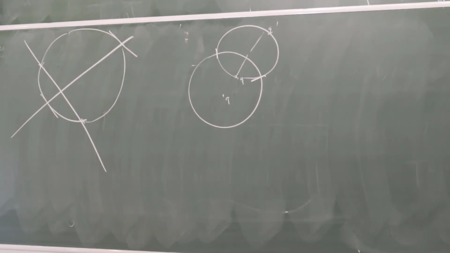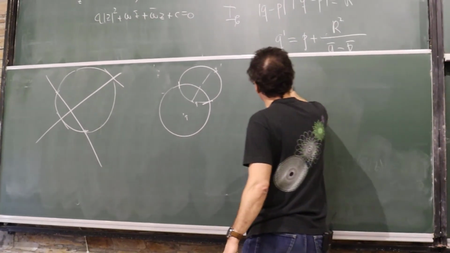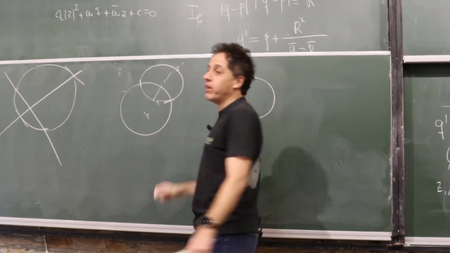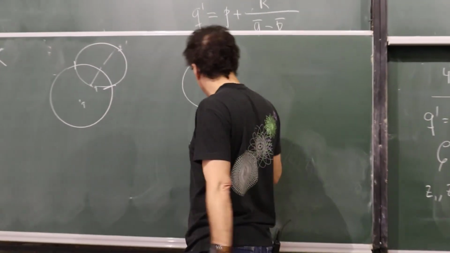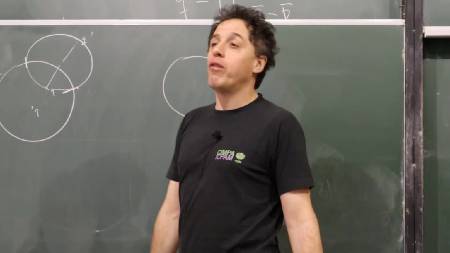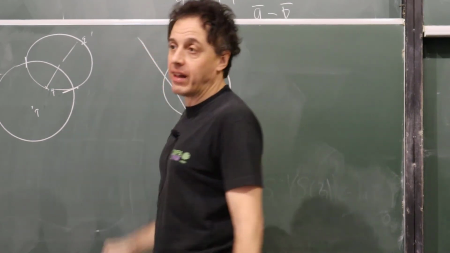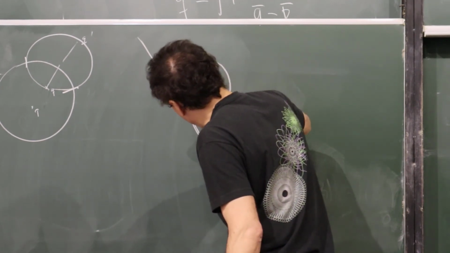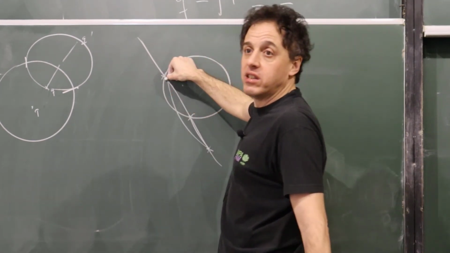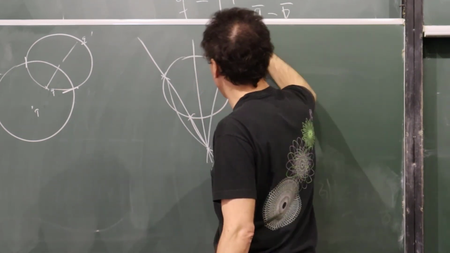For instance, this has something to do with a property that is called the power of a point with respect to a circle. It was very useful in old books of classical geometry. If you take any circle, and a point, the power of the point with respect to the circle can be defined like this. You take any straight line that cuts your circle in two points, and you take the product of this distance times this distance. This is independent of the straight line you have taken.